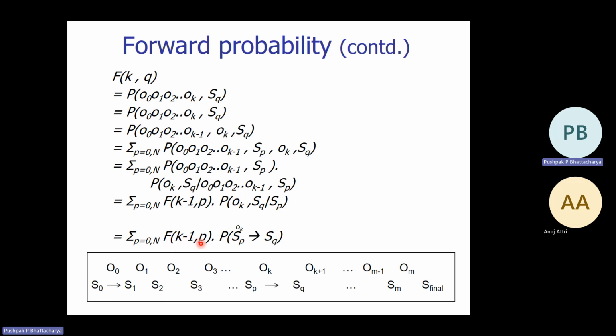That means a shorter computation multiplied by probability of Sp going to Sq emitting Ok, over all possible states p. Okay, all possible states p. So we have a recursive expression for Fk,q, which will assist in the efficient computation of this forward probability.